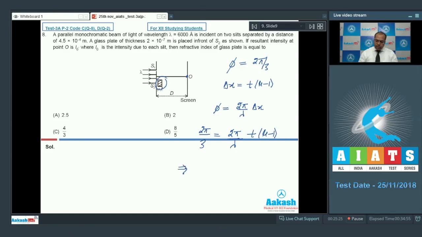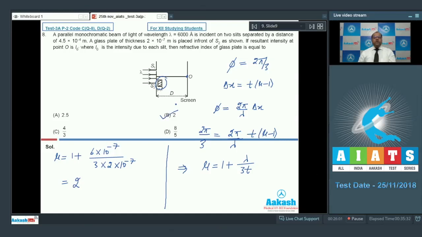If I solve this, the value of mu comes out to be 1 plus lambda by 3t. Substituting the data, mu is equal to 1 plus 6 into 10 to the power minus 7 divided by 3 into 2 into 10 to the power minus 7. If I solve this, it comes out to be 2. So option B is correct. So the correct answer for question number 8 is option B.